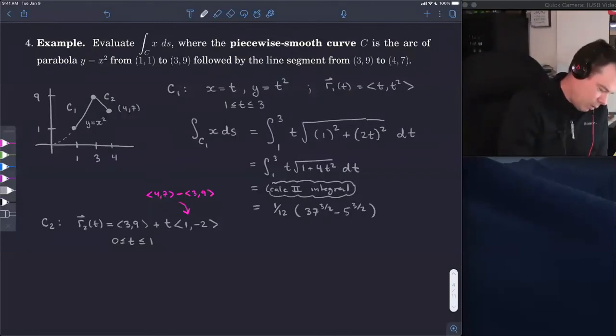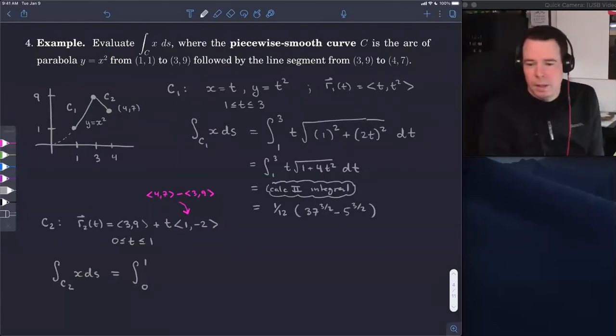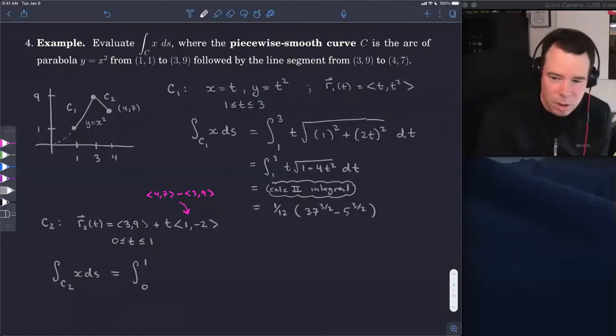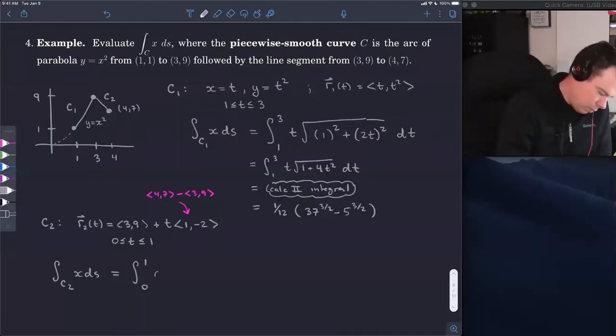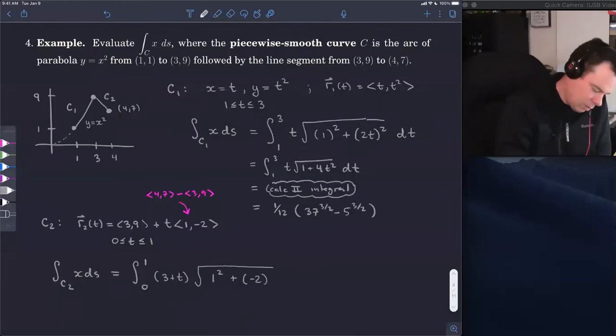We can go ahead and set up our integral now. The integral over C2 of x ds is going to be the integral from 0 to 1 of our scalar function with our parameterization plugged into it. So x is 3 plus t. And then ds is the square root of the derivative of x with respect to t, so that's 1 squared, plus the derivative of y with respect to t, that's our -2 squared, dt.